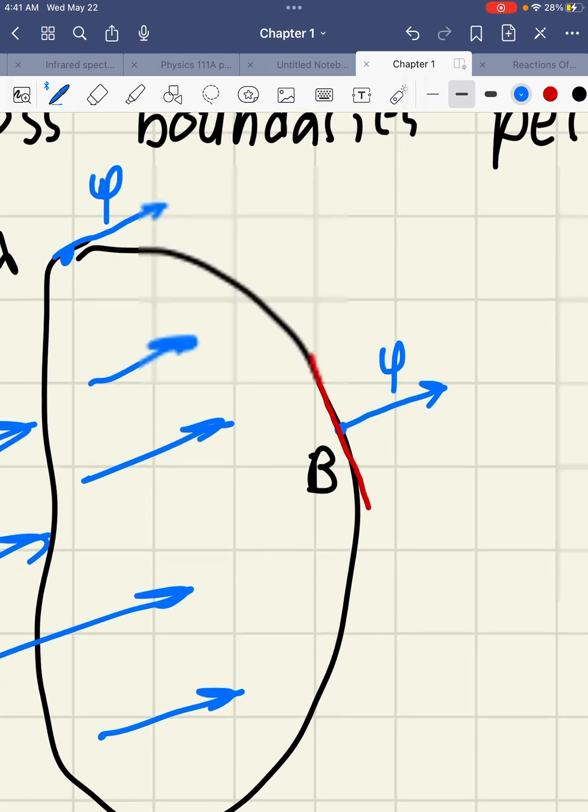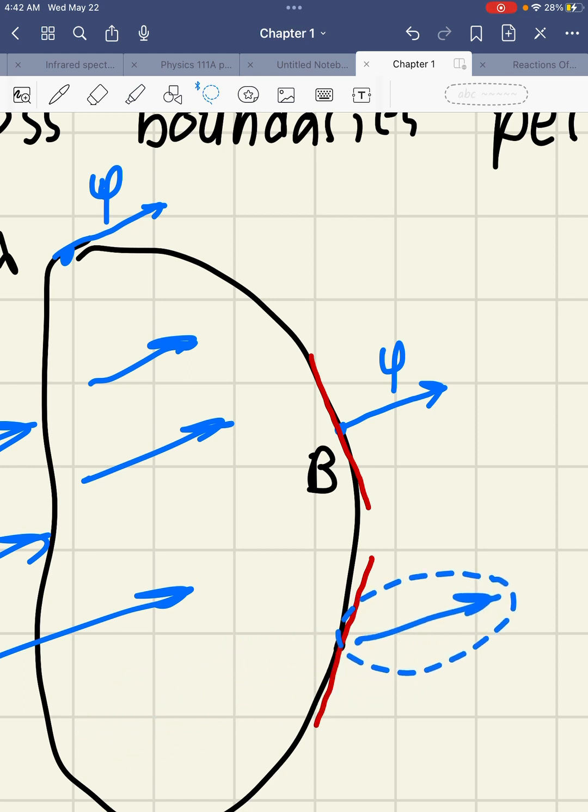Suppose I choose this point right here. This is my heat energy, right? That's my heat flux. Now if I draw the perpendicular line at this point, this blue line is my normal.